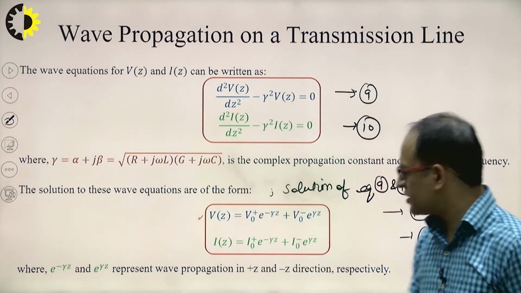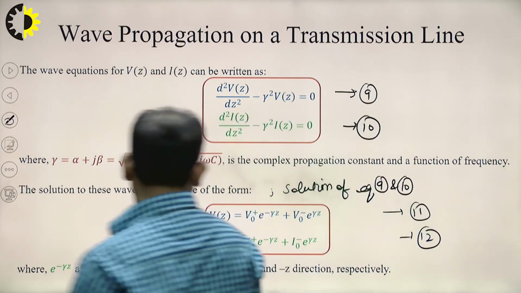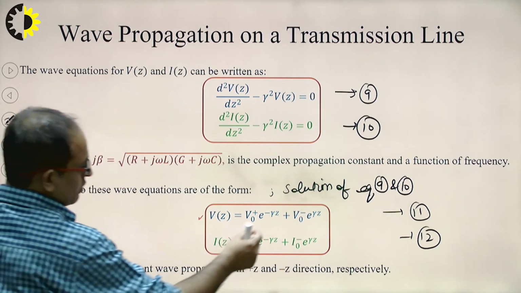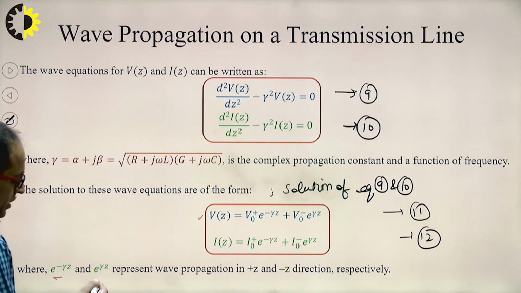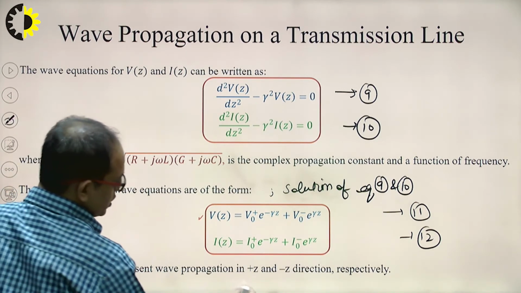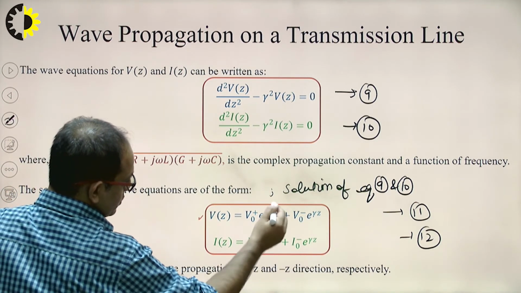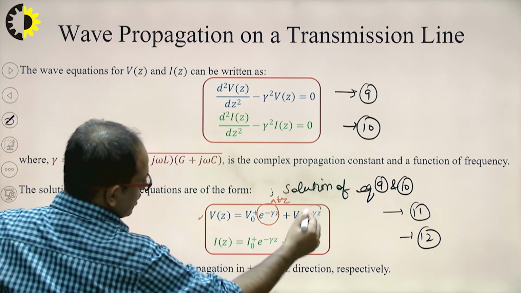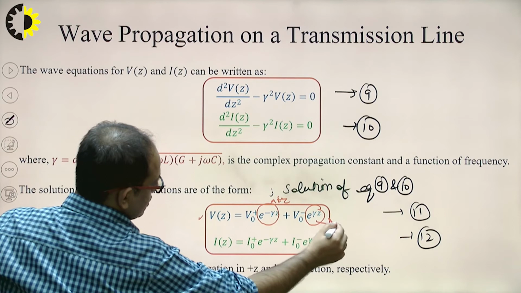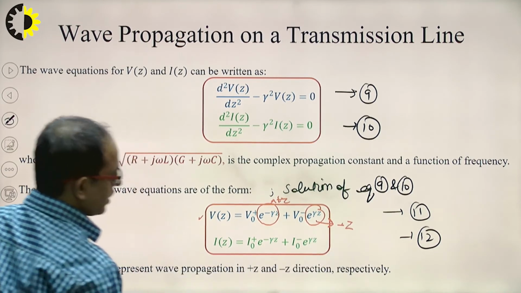What does V0 plus represent? e to the power minus gamma z represents the wave propagation in the plus z direction, and e to the power gamma z represents the wave propagation in the minus z direction.